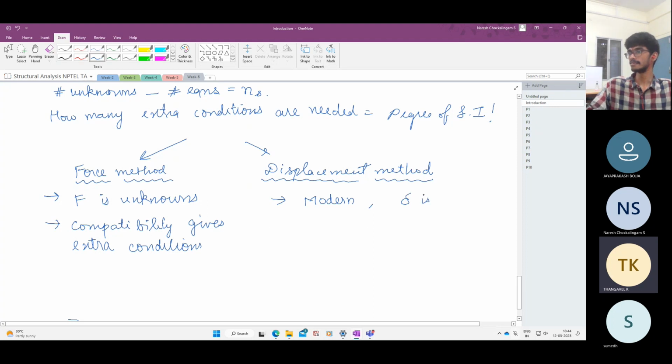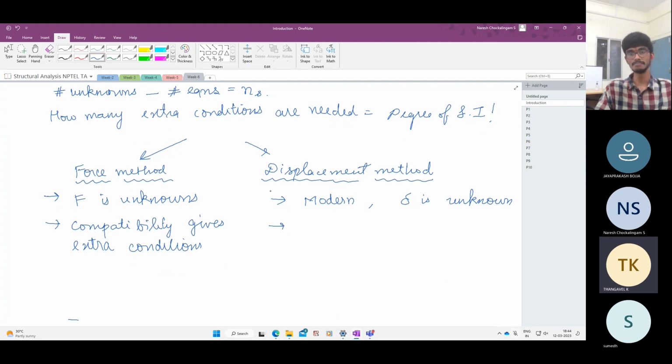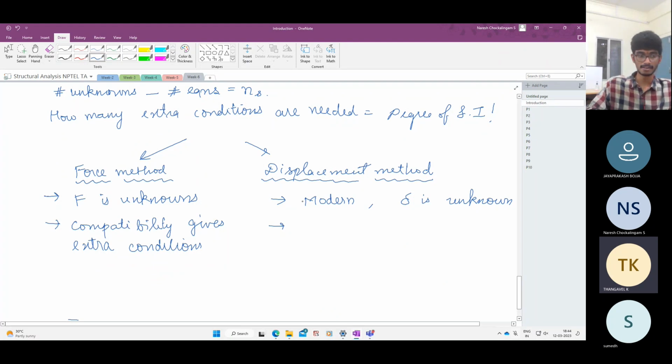So delta is unknown. So the STAAD Pro software also uses displacement method. Yes, whatever software you can think of, they're all based on finite elements. And what is common in finite elements is displacement-based finite element method. So all modern software, they use displacement method of analysis.